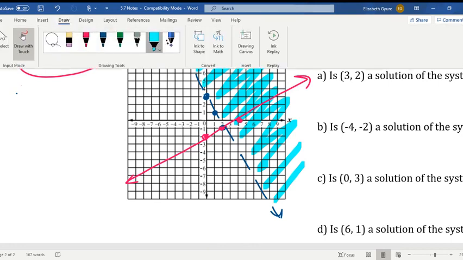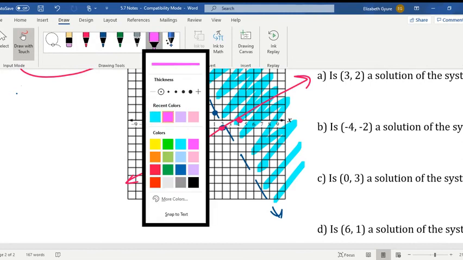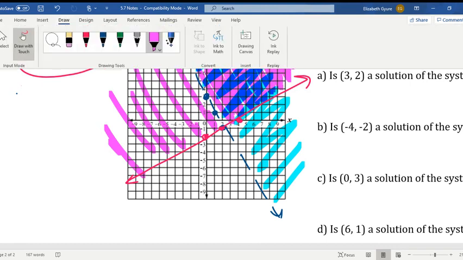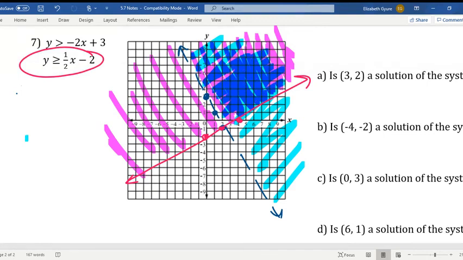Above. Very, very good. So now let's see. Do my colors overlap? Definitely. They overlap in this top right-hand portion here. So I'm going to shade that in a little darker so we can see it a little easier. So anything that's in this part is an answer.